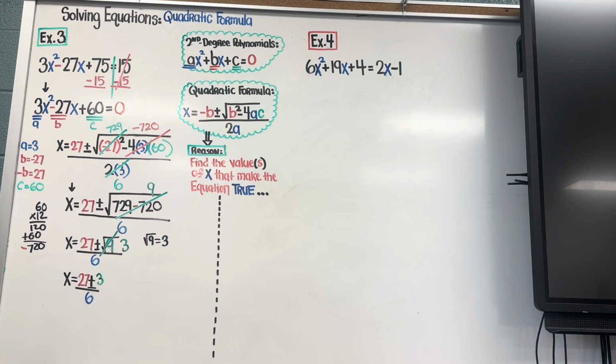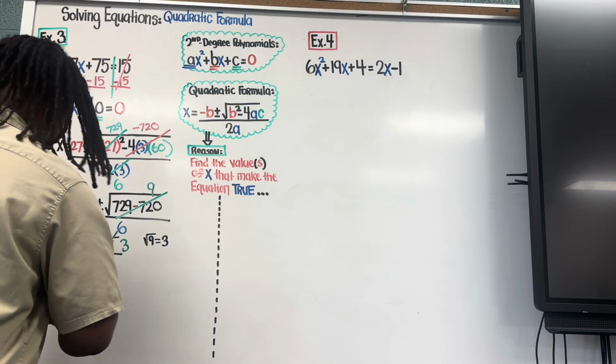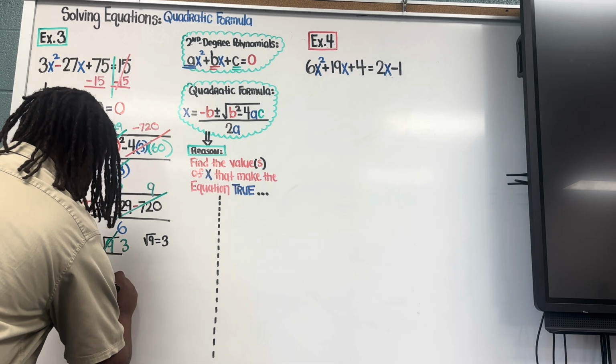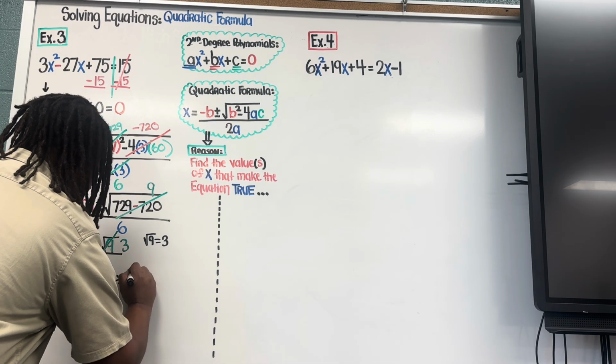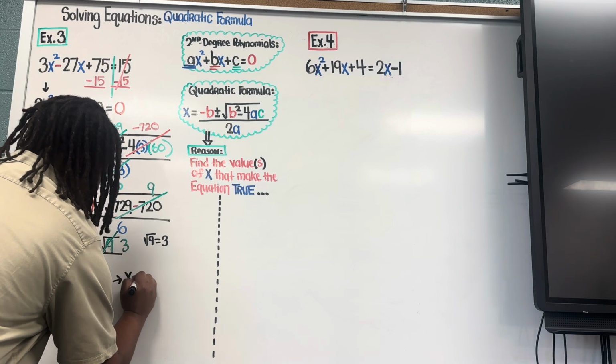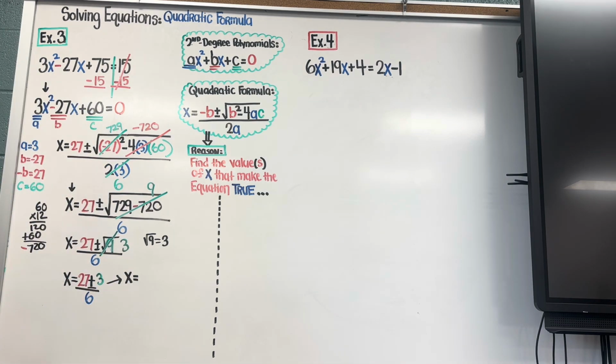The plus or minus means that we're going to have two different values that can actually make this equation true, okay? So the first way, guys, is we're going to find the first x value that can make this true. We're going to add 3 to 27 and then divide it by 6.